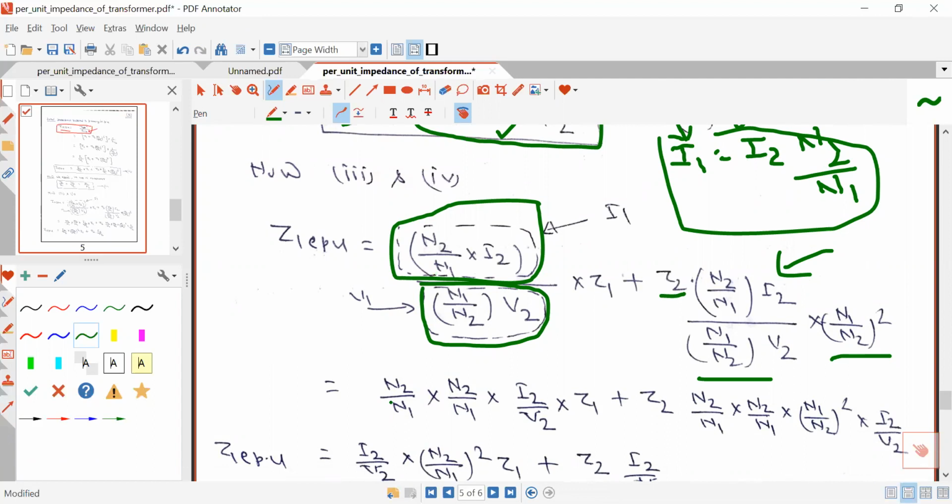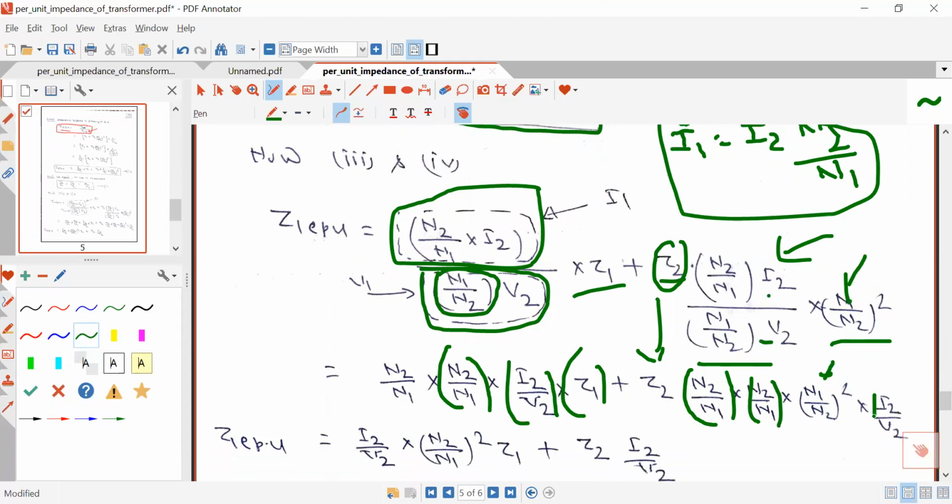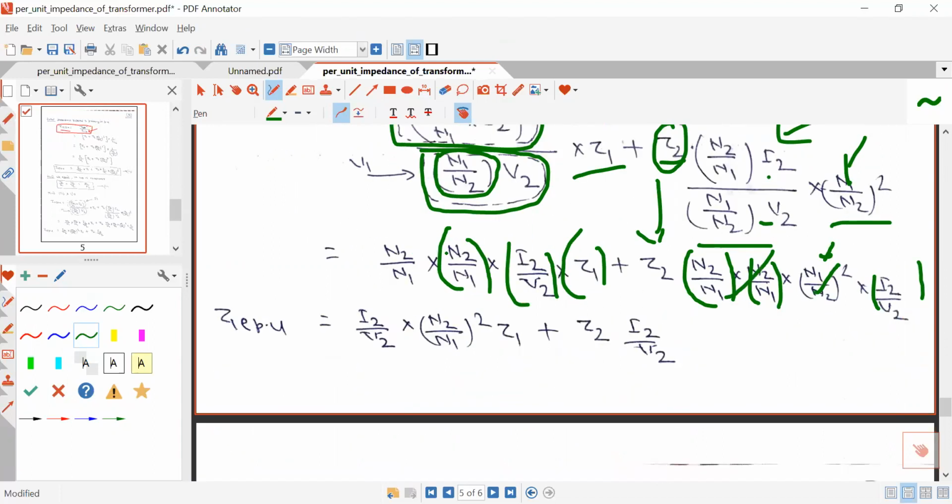This is N2 by N1, and this denominator will again be N2 by N1 into I2 by V2 into Z1, and Z2 is here, and this is N2 by N1, and this denominator N1 by N2 will be N2 by N1, and this one is N1 by N2 whole square. I2 by V2 is here. Now this N2 square by N1 square will cancel, and N2 into N2 becomes N2 square, and N1 into N1 becomes N1 square.